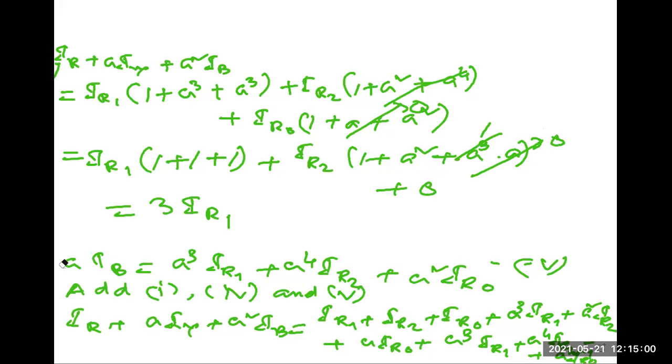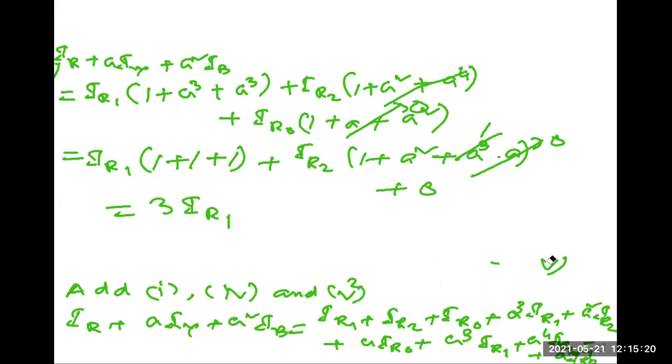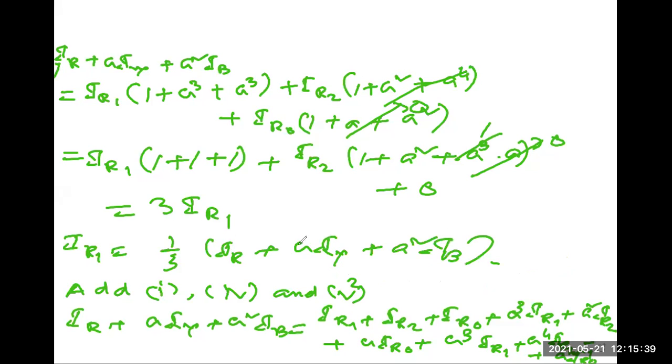Whatever I have written, any doubt? Please tell me. No, sir. Okay, so this is IR1. This will be 1/3 of IR plus A into IY plus A square into IB.